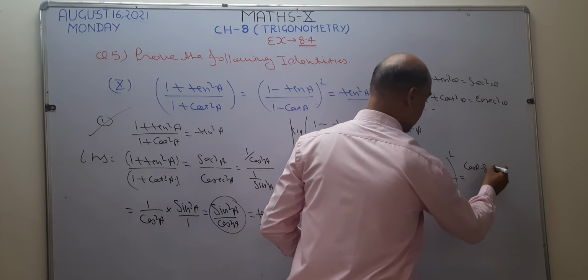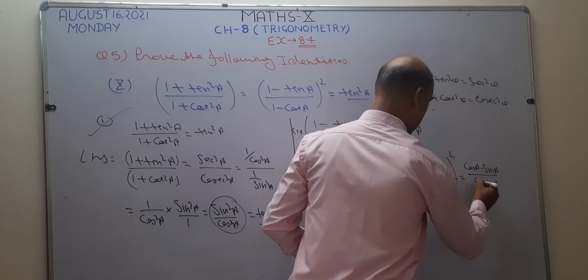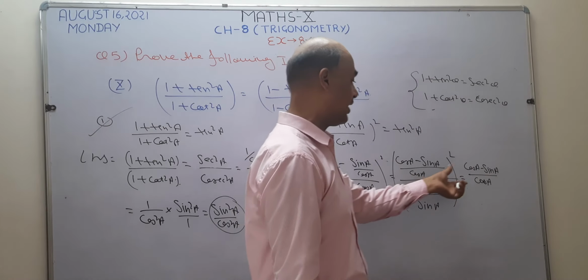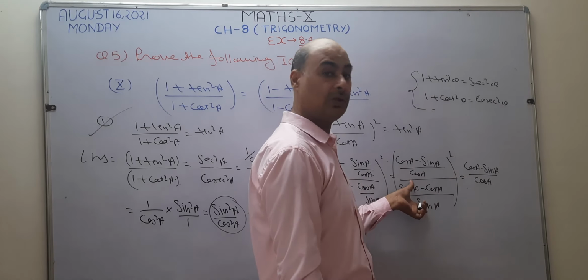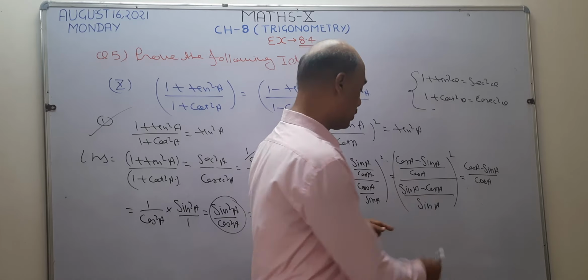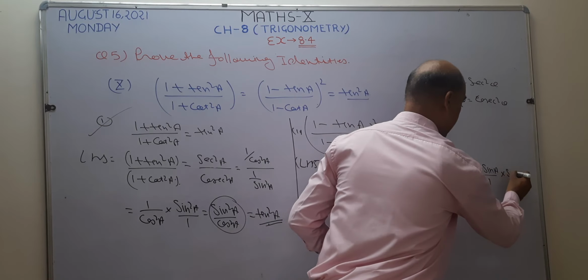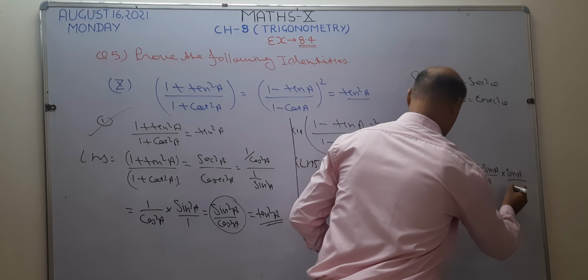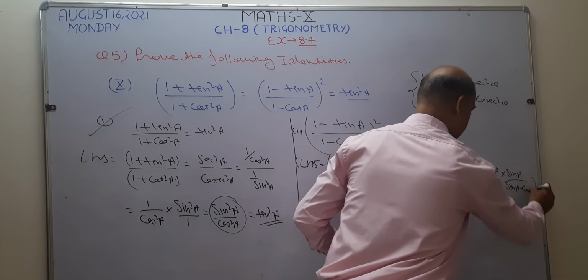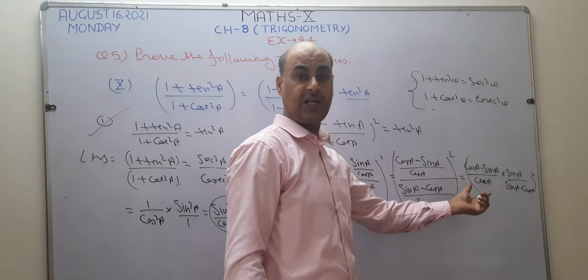Cos minus sine upon cos A. Okay, first part I write the same. After that I am going to write this denominator part. When I write the denominator part, I take its reciprocal. So the reciprocal will become sine A upon sine A minus cos A, and its square. I hope it is clear now.